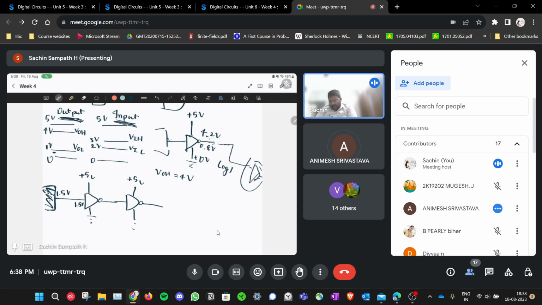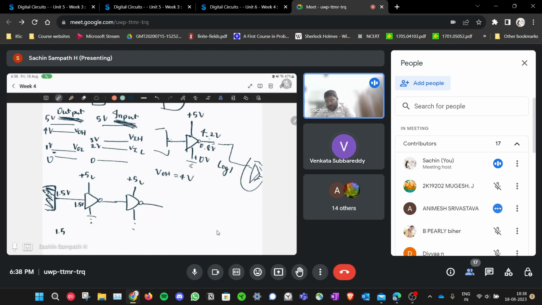I've already given, right? For input 2 volts and 3 volts. For output it's 4 volts and 1 volt. Now see, you get 1.5 volts. This inverter will look at this 1.5 volts and check with the input low threshold.